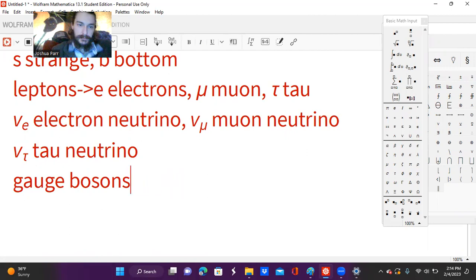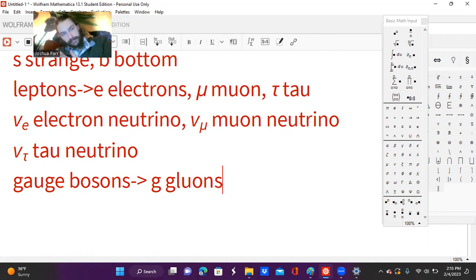And then we have gluons, which are super important, like the neutral particles that attract into your nucleus.